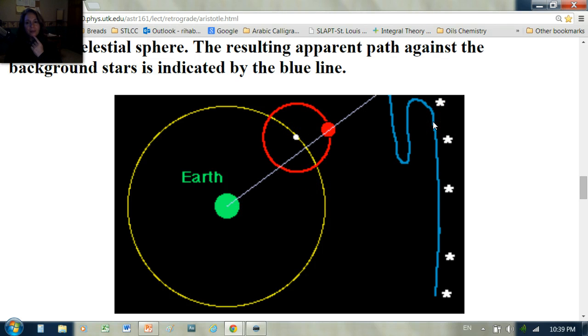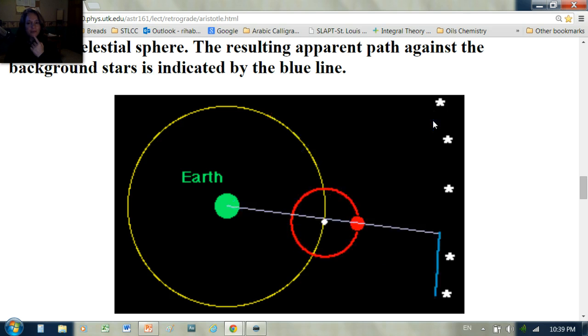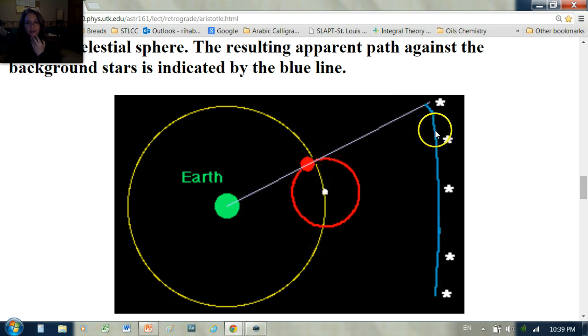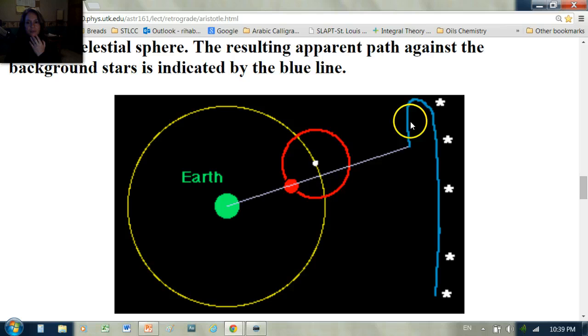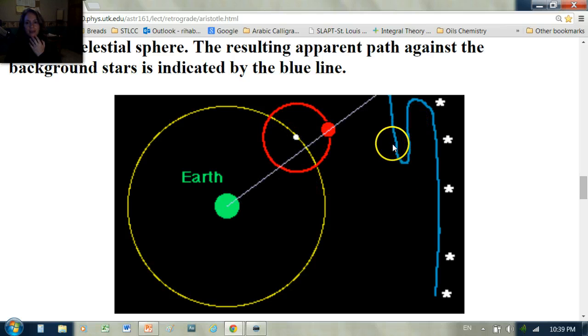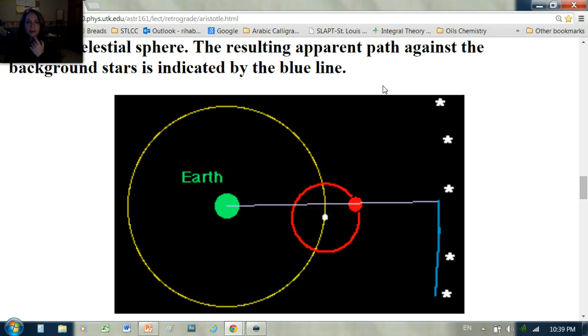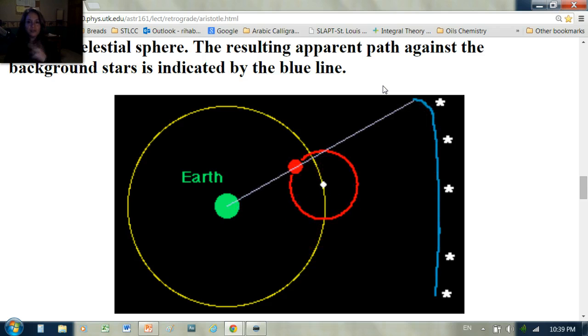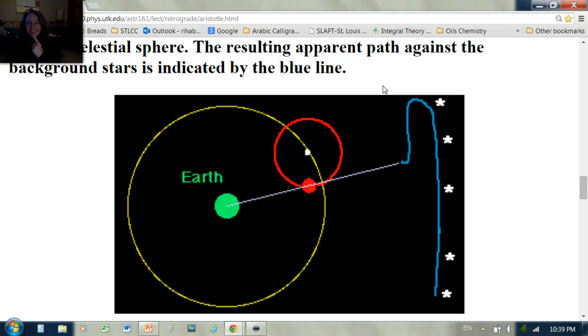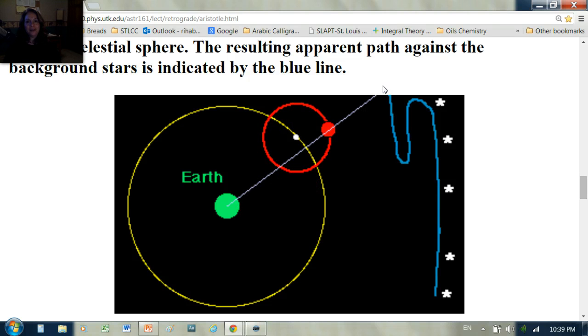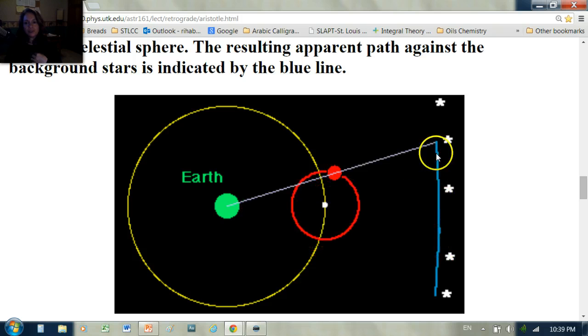However, the planet would make what is known as a retrograde motion. It would stop moving forward, it would start going back, and then it would stop going back and go forward again. Now, of course, it didn't do this in one night, but that actually happened over many weeks. So over many weeks, it's moving forward.